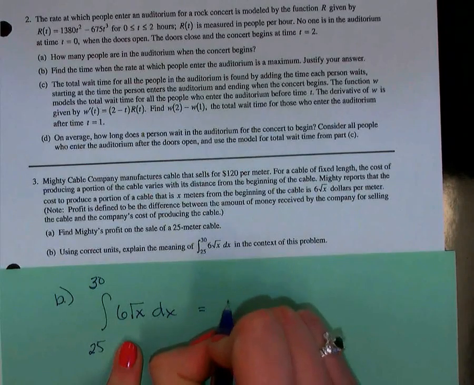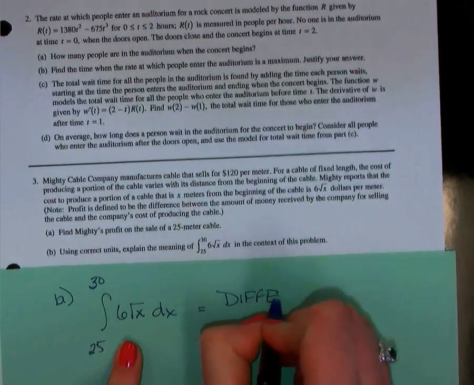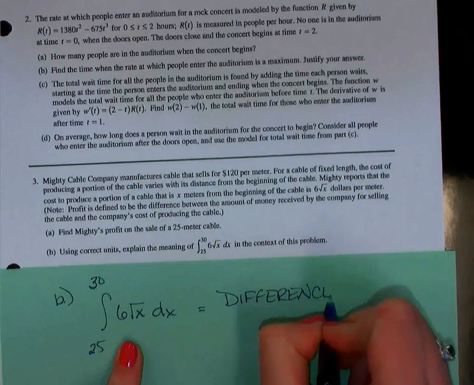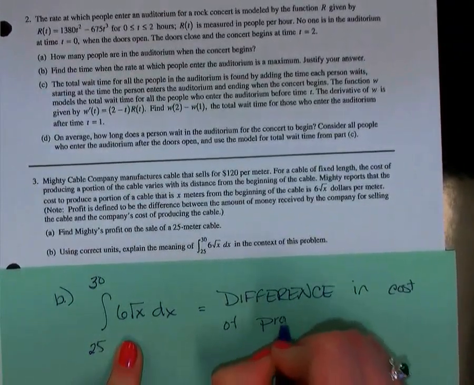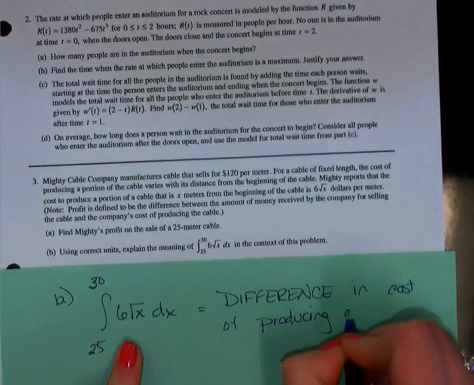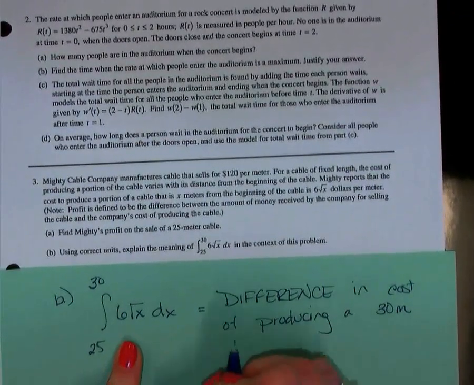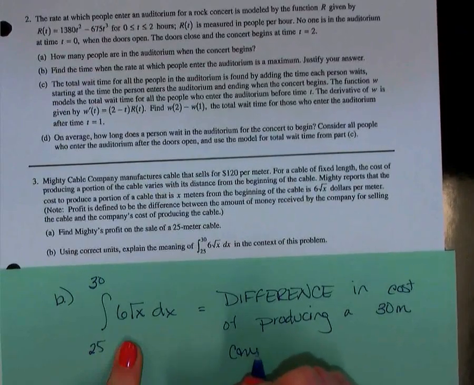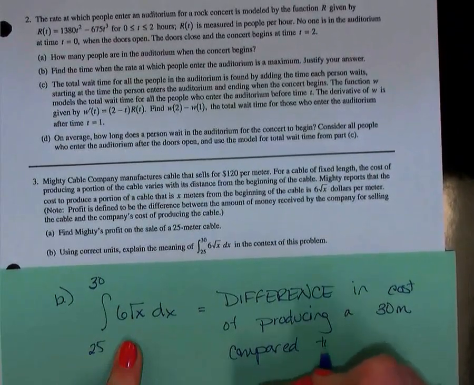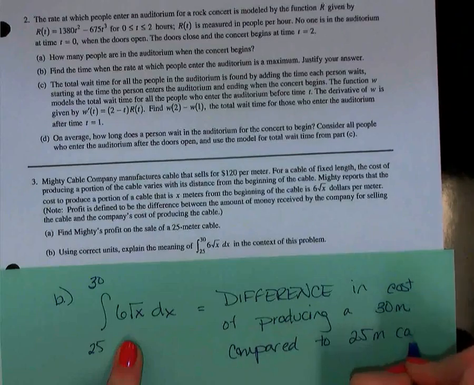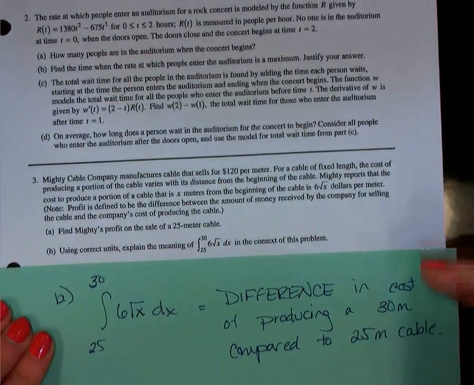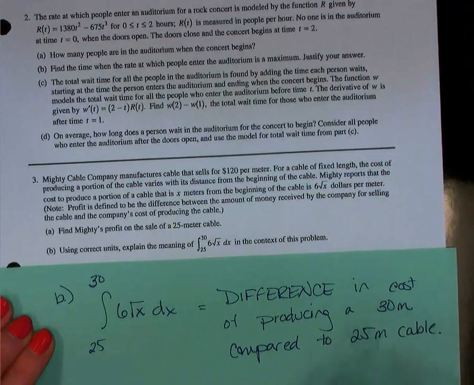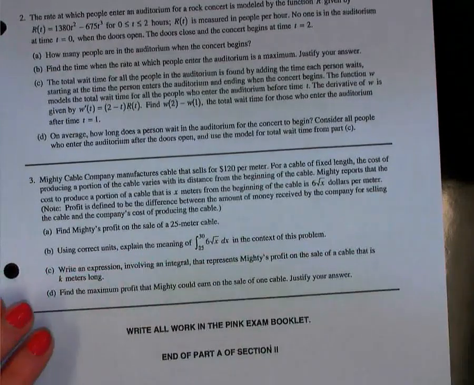So this is the difference in cost of producing a 30 meter cable compared to a 25 meter cable. So hopefully that makes sense. Because you're going to do upper limit minus lower limit, you're looking at the difference in cost of producing cable of those different lengths. So that's part B right there.